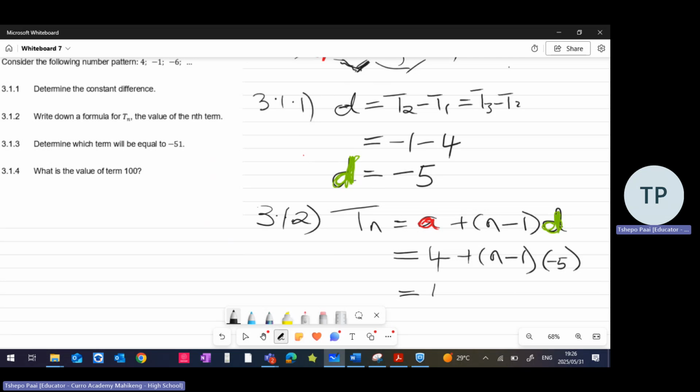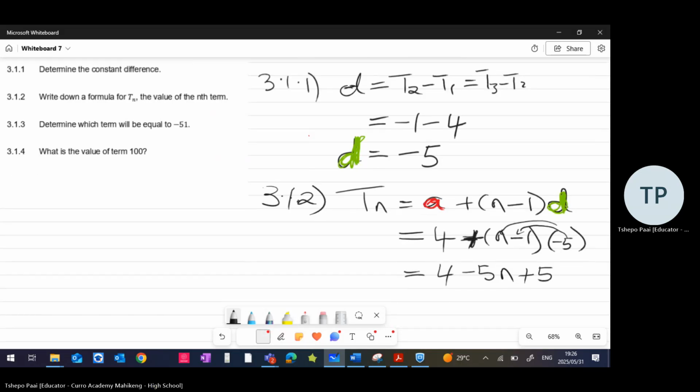Our next step will be to remove the bracket. -5 times n is -5n times this positive here, it remains -5n. -5 times -1 is +5 times this positive that is outside here, it remains +5.